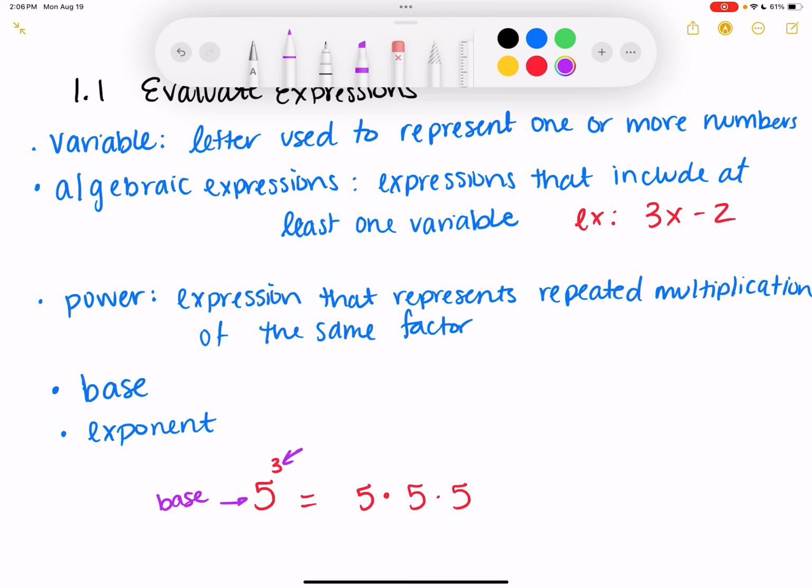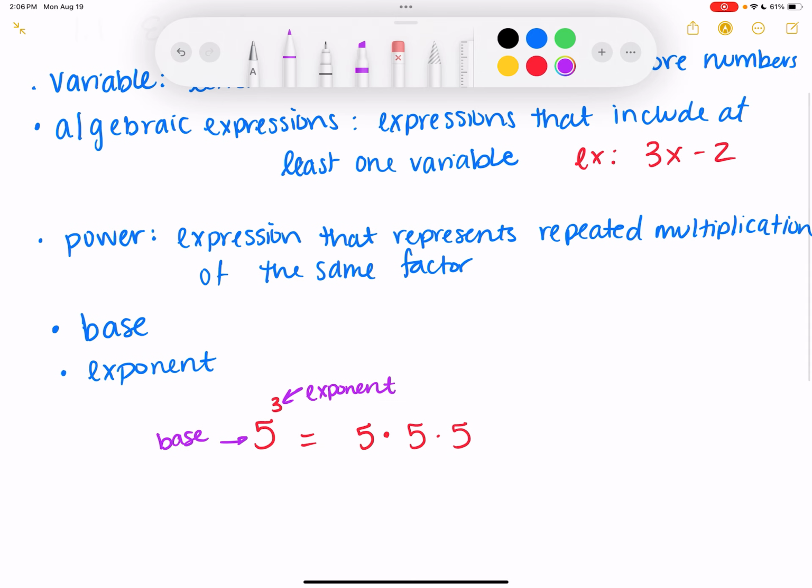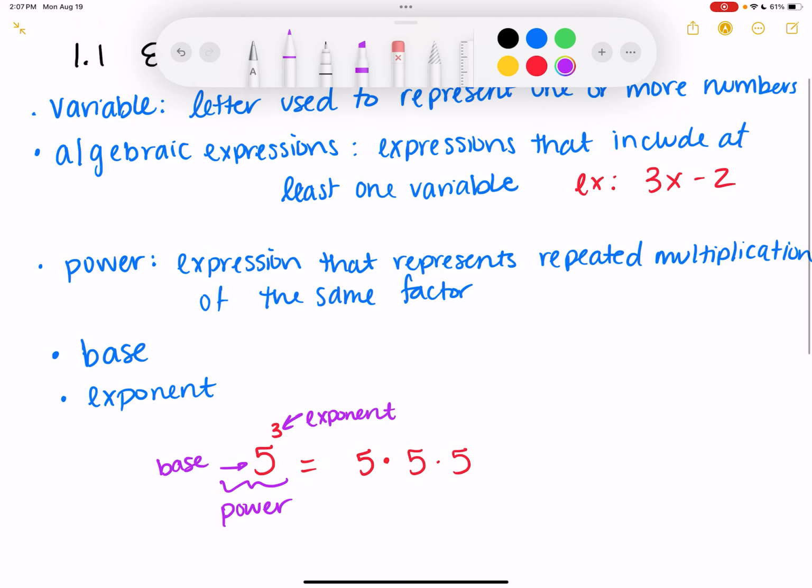The little number up top is your exponent. And this whole thing right here is the power. Can you move the screen a little bit down so we can see the variable?